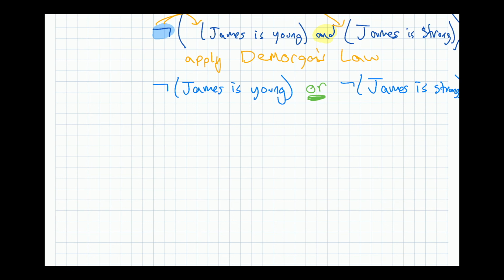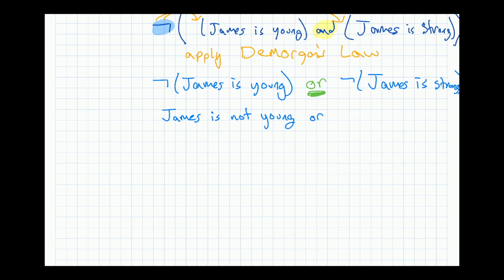So let's apply those negations. What is not young? If you can think of a word that will work, use it. If not, just say James is not young. That's fine. Or, and then we need the negation of James is strong. What's the negation of strong?